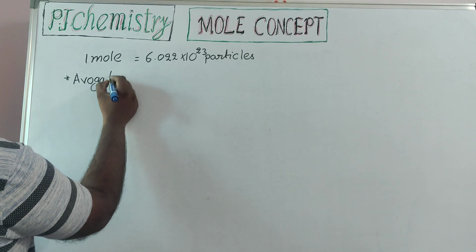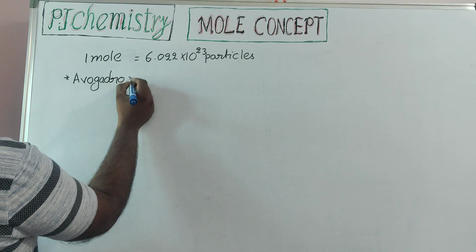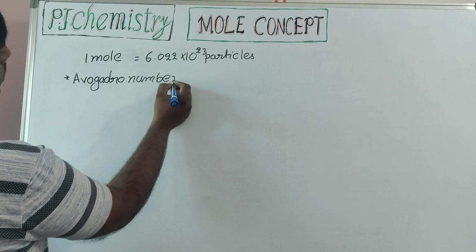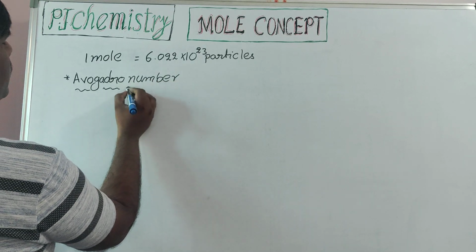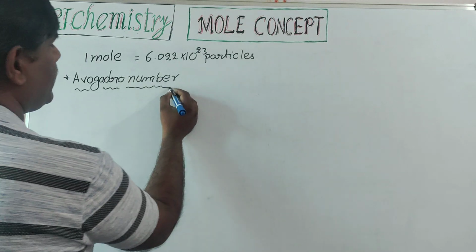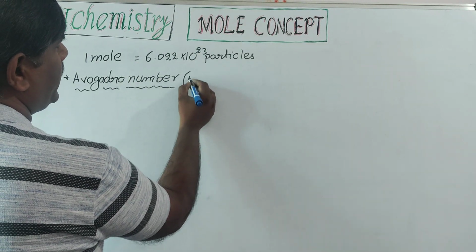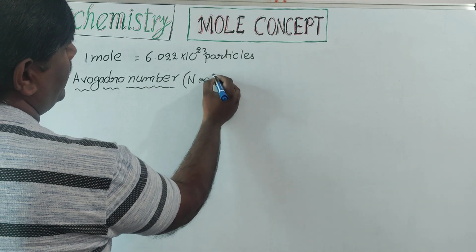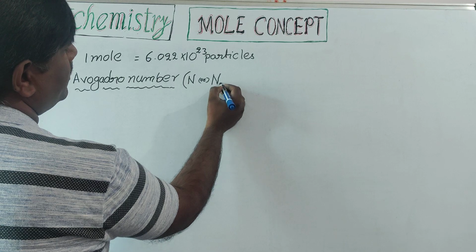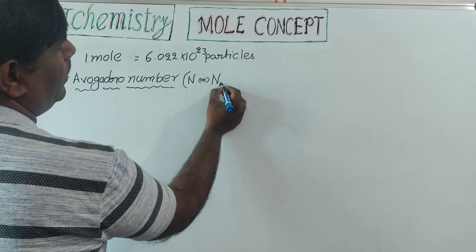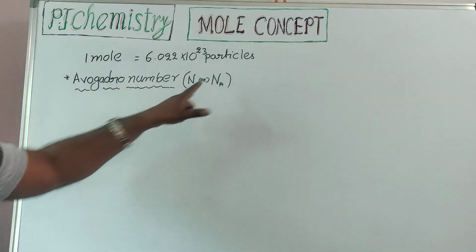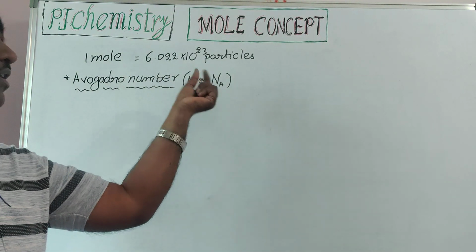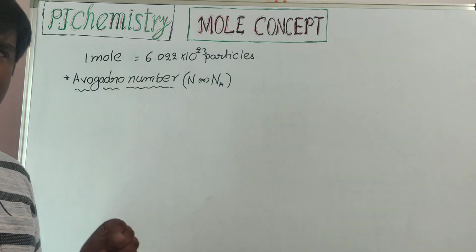Avogadro number is denoted by capital N, or capital N with a subscript capital A at the bottom, in a smaller size.